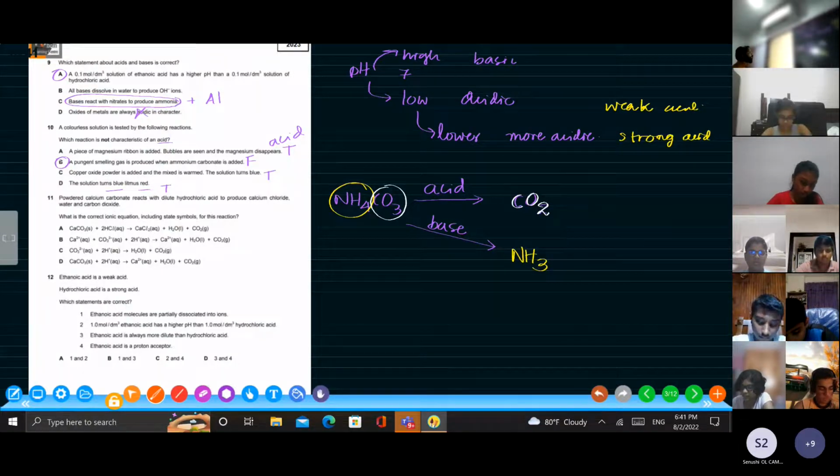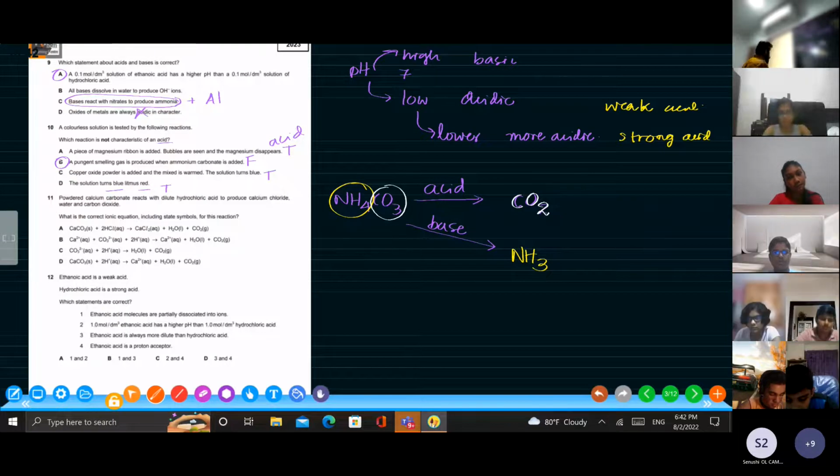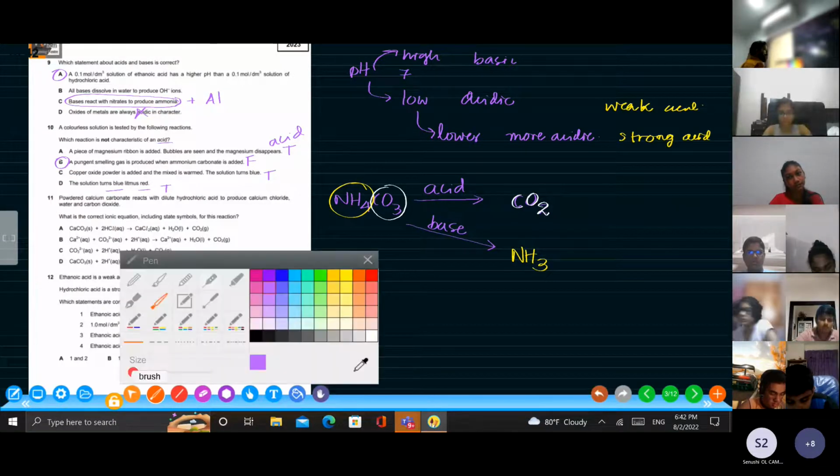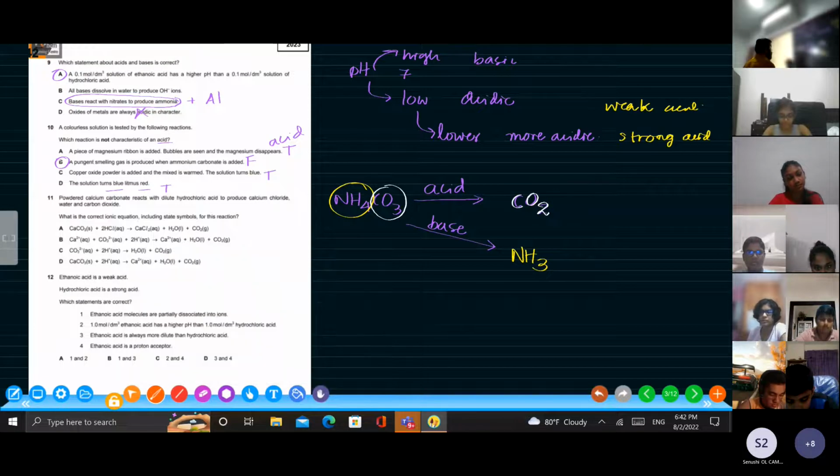Powdered calcium carbonate reacts with dilute hydrochloric acid to produce calcium chloride. Now here, I know that most of you don't know how to write ionic equations. I'm going to show you how to do it for calcium carbonate. Just learn one at a time because it's a little complicated, but let me make it easier for you to grasp.